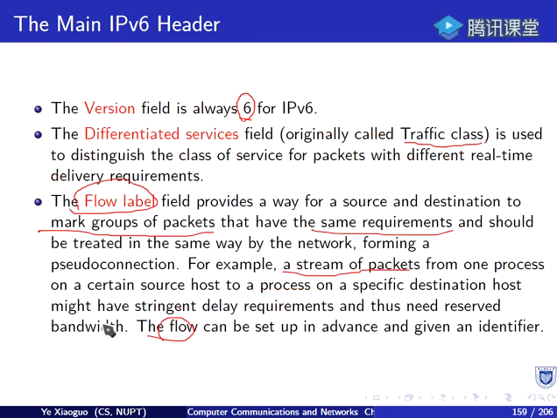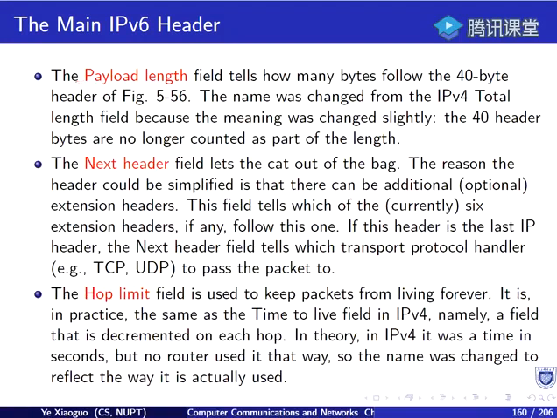So the payload length tells how many bytes follow the 40-byte header. The name was changed from the IPv4 total length field because the meaning has changed slightly. The 40 header bytes are no longer counted as part of the length.